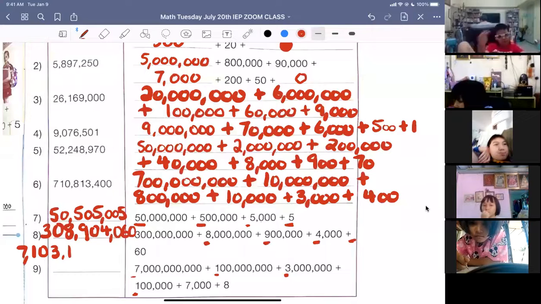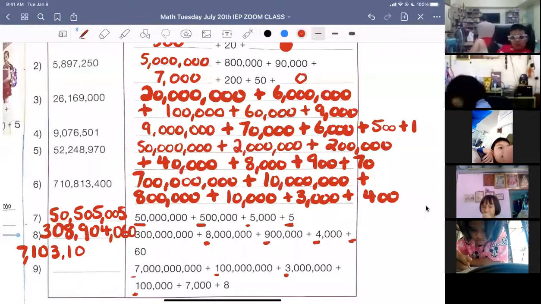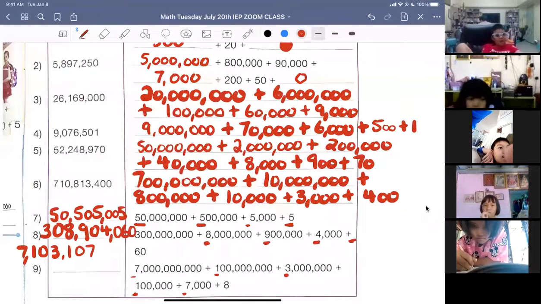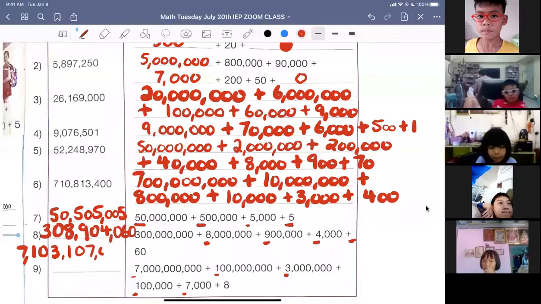We're going to write a 1. We don't have 10,000s. We're going to write a 0. We're going to write a 7 for the thousands. We don't have hundreds, so we're going to write a 0. We don't have 10s, so we're going to write a 0. And we have 1s, we're going to write an 8.